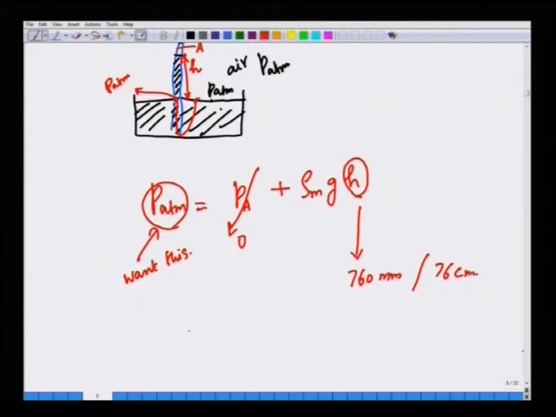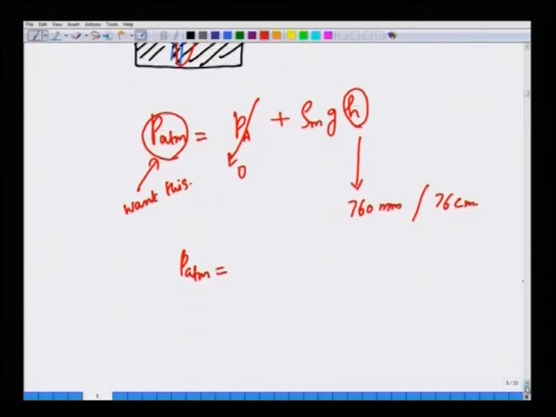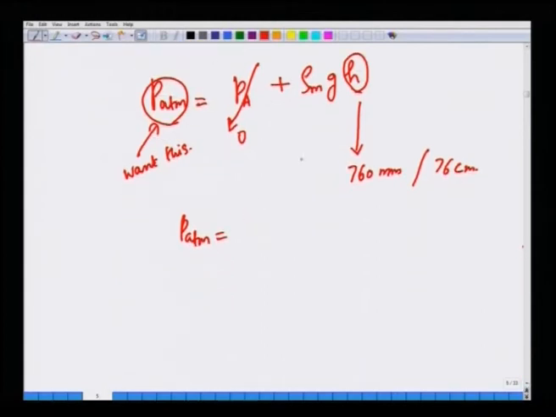So, the atmospheric pressure is nothing but the density of mercury, 13.6 times 10 to the 3, times 9.8 meter per second squared, times 0.76 meters.